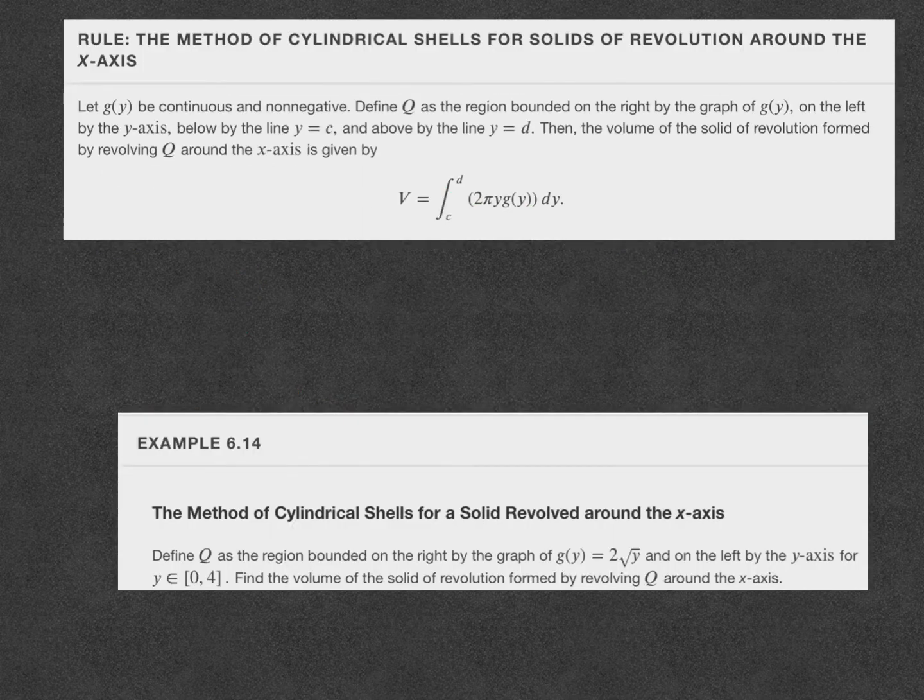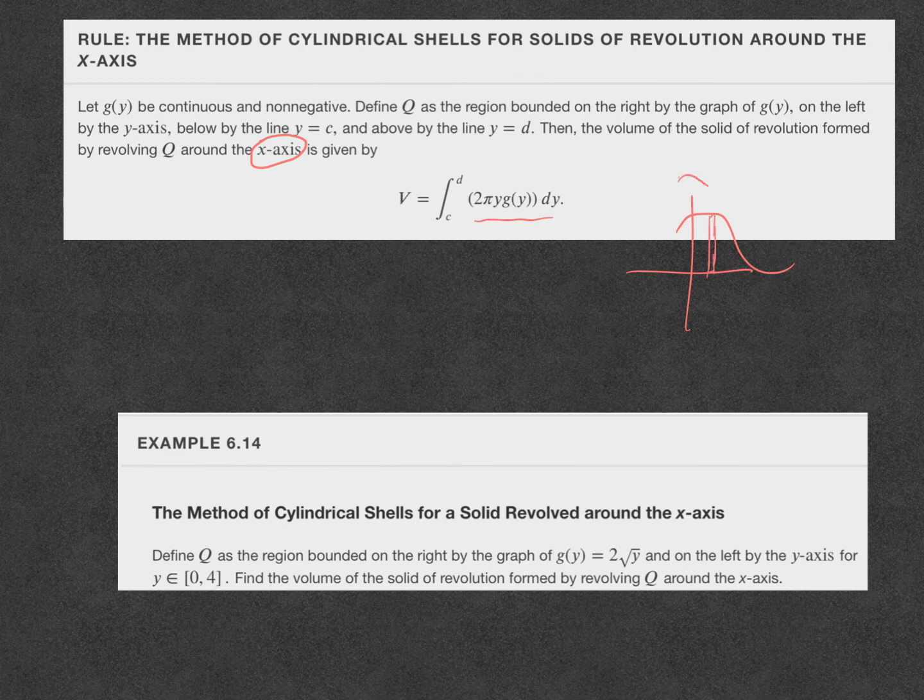Okay, so this next rule is just a variation on the last one. If we're revolving around the x-axis, well, everything is in terms of y. So it's kind of the opposite with the disk/washer method. If you're going around the x-axis, everything is with respect to x. The y-axis, everything is with respect to y. And it flip-flops for the shell method. And so it really is going to be helpful to sketch the region, whatever the region is, and draw my rectangle.